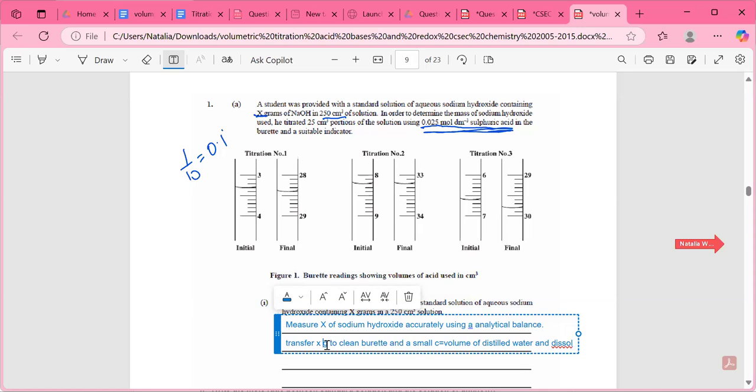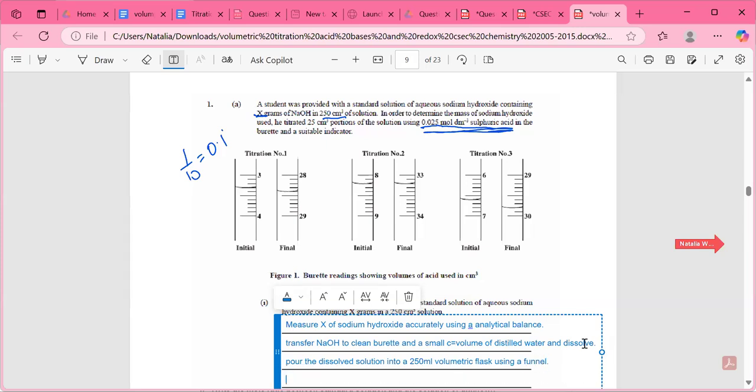I can say transfer the sodium hydroxide. Then we're going to pour the dissolved solution into a 250 ml volumetric flask using a funnel.